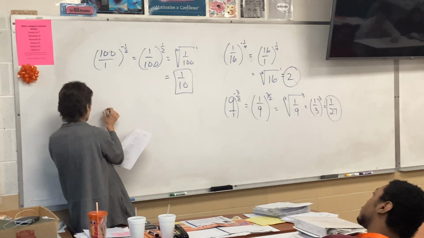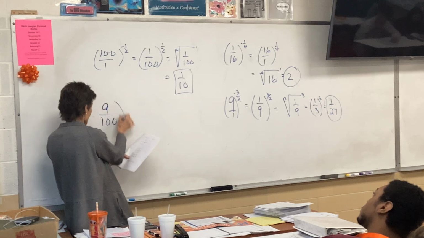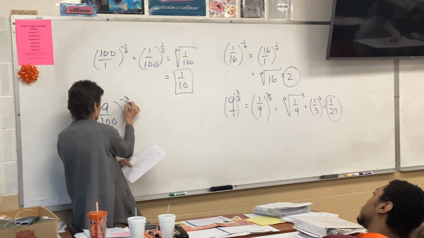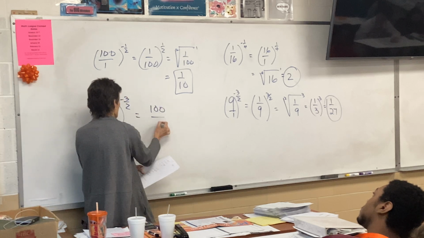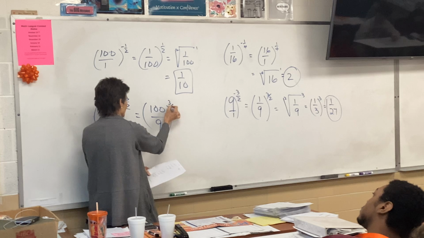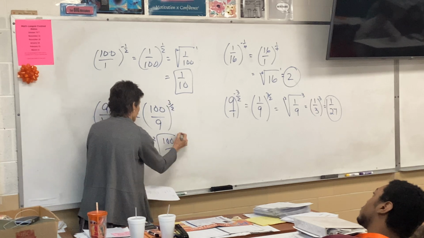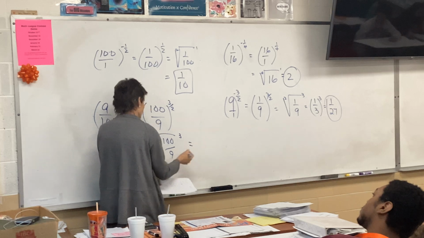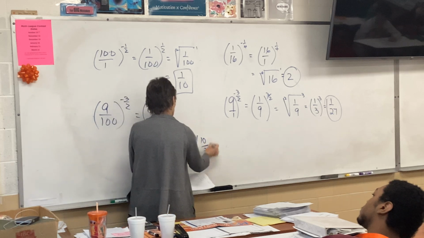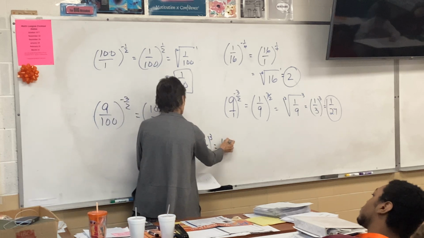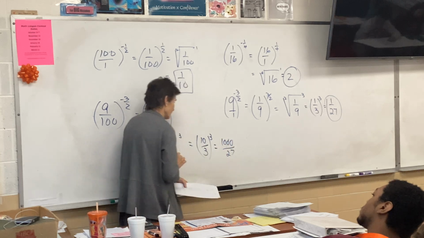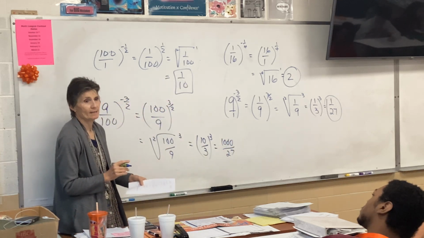And then J, I haven't done yet. You help me out. What did you get here? 100 over 9 to the 3 halves. Did you get 1,000 over 27? Yes. Wow, that's awesome.